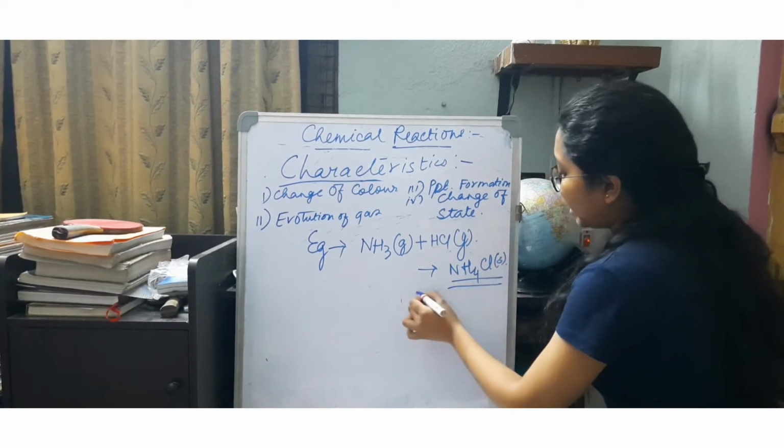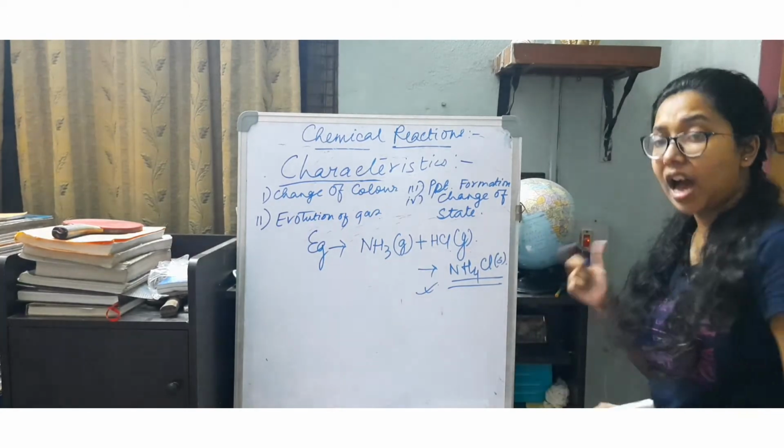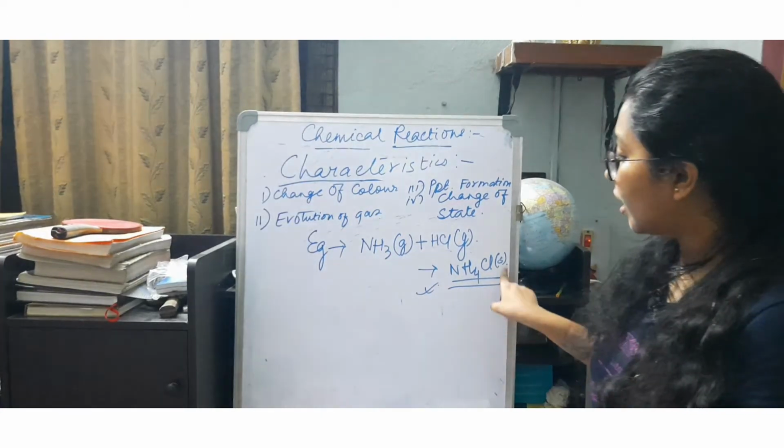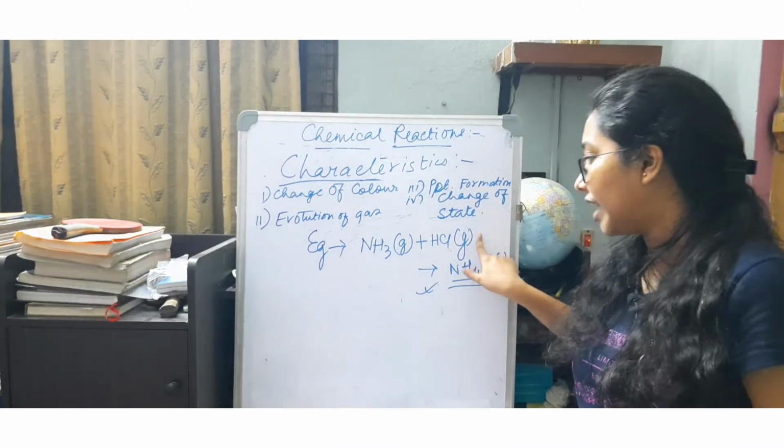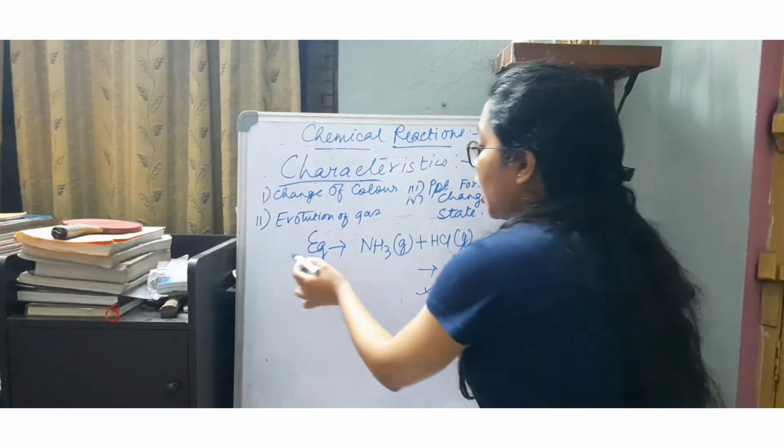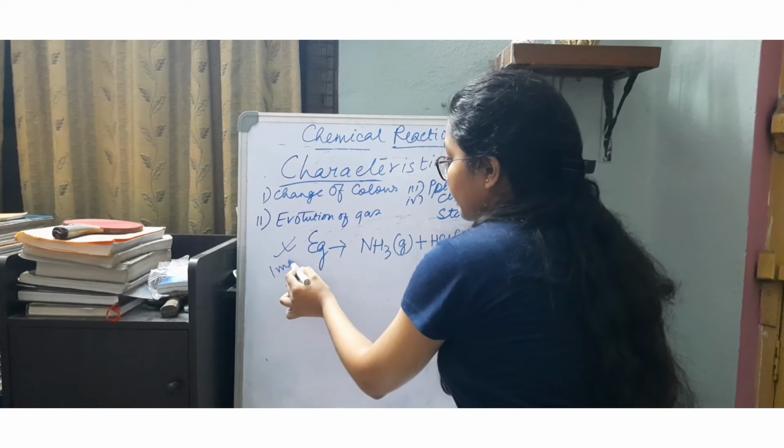Now this is a very important question which is often asked, so you should consider it as an example also, which is very much important and you should remember it. Okay.